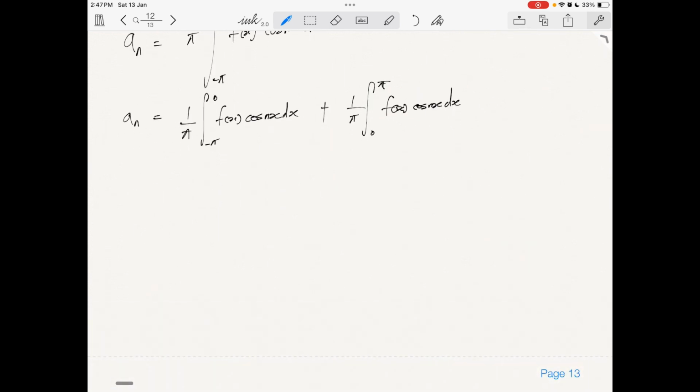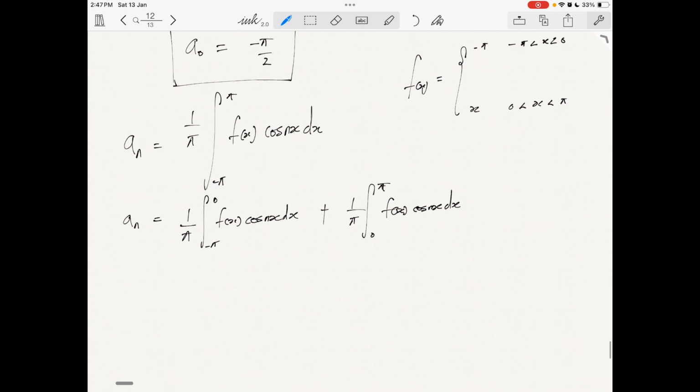So with that done, we can now substitute our corresponding f of x. Substituting, we have that an is equal to 1 over pi integral of minus pi to 0, and f of x here will be minus x cos nx dx, plus 1 over pi integral of 0 to pi, and f of x here is x cos nx dx.